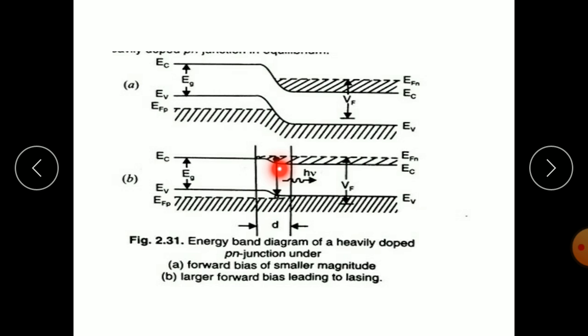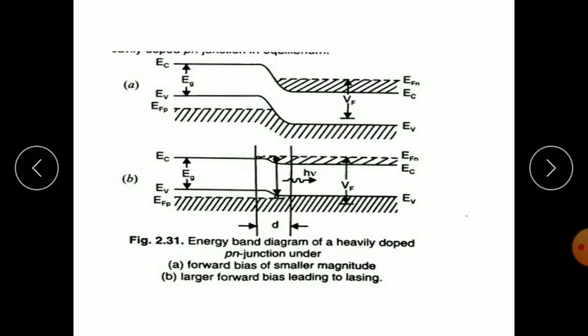If the electrons of the n-type material have sufficient energy, recombination takes place in this region with the emission of a photon. This happens in a semiconductor laser.